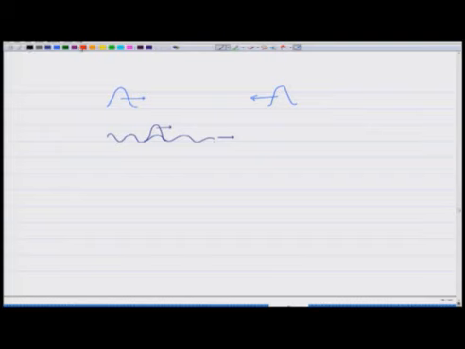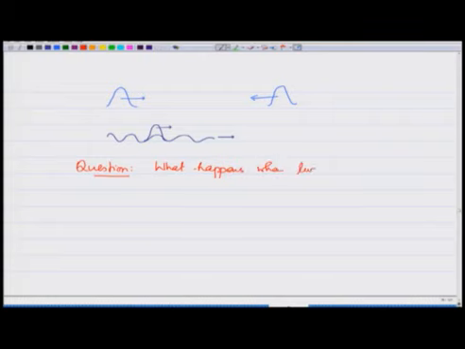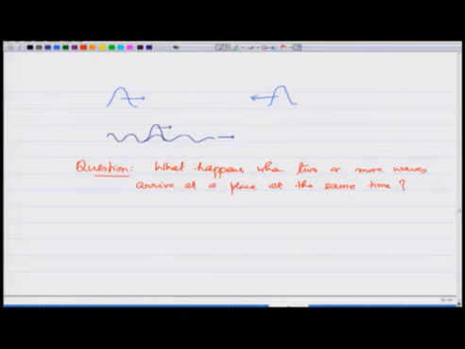So, the question we are asking is as follows: what happens when two or more waves arrive at a place at the same time? Let me explain what we mean by what happens.